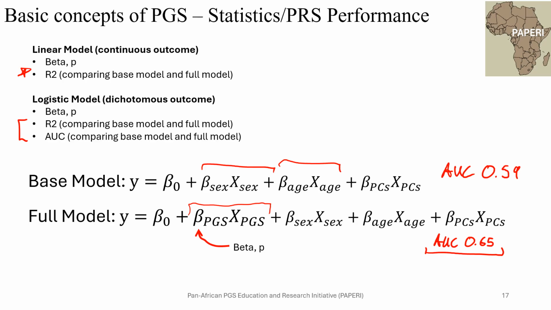So I just mentioned this here. This isn't something that really needs to be concerned about for the beta and p-values. Normally those are just pulled out of the full model, adjusting for all the terms. But when you want to look at an R-square or an AUC, frequently you will want to compare models.